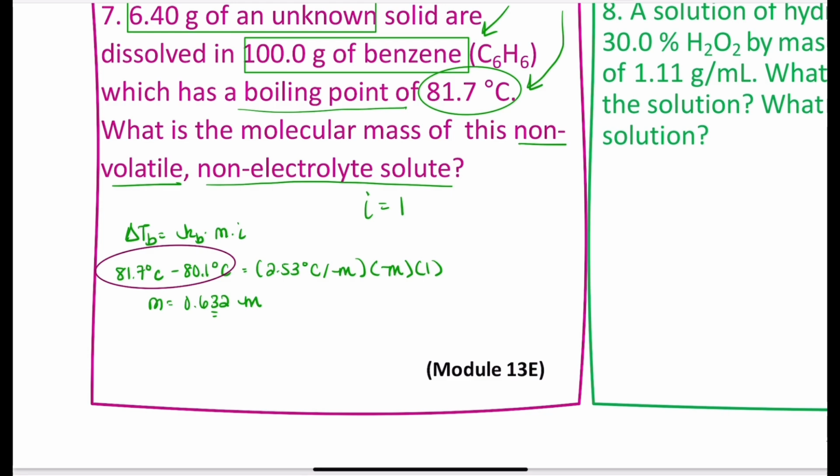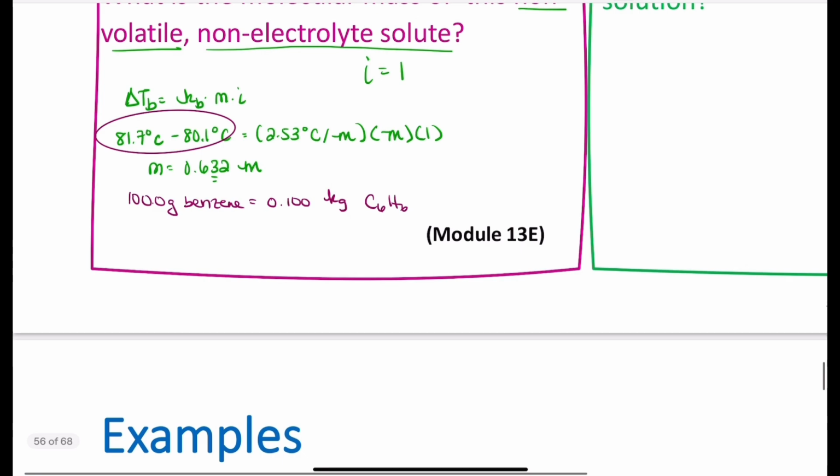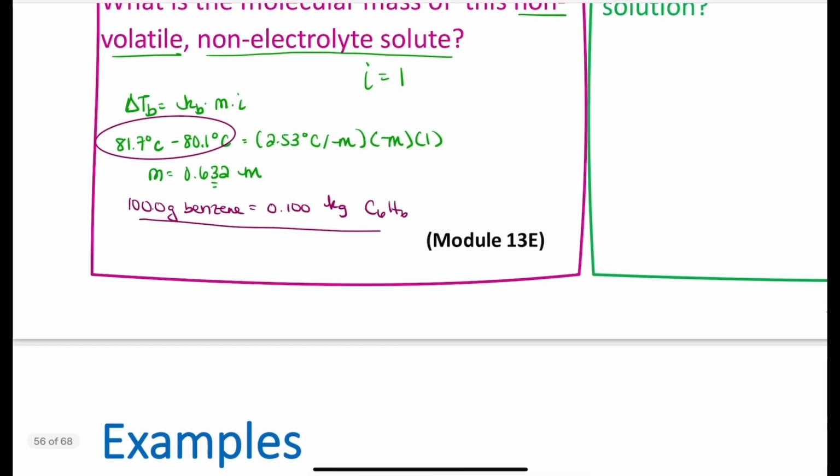It tells me that I have 100 grams of benzene here. 100 grams of benzene is 0.100 kilograms of benzene. But that means I can use that information to find the moles, because I can use this information right here to find the moles of solute.